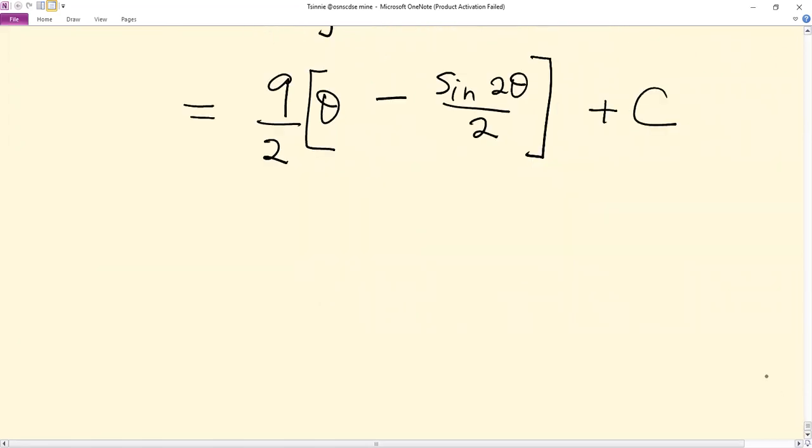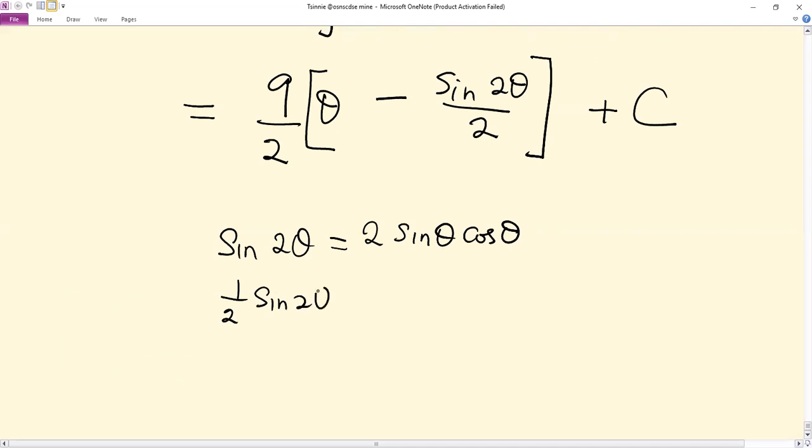So let's see. We know that sine 2 theta is given by twice sine theta cosine of theta. So a half sine 2 theta should be the same as a half times 2 sine theta cosine of theta, which will be just sine theta cosine theta.